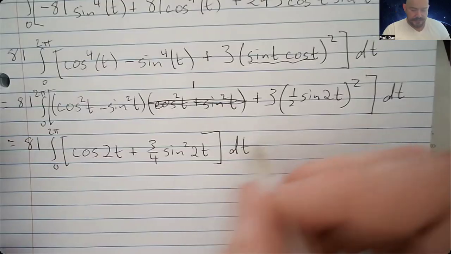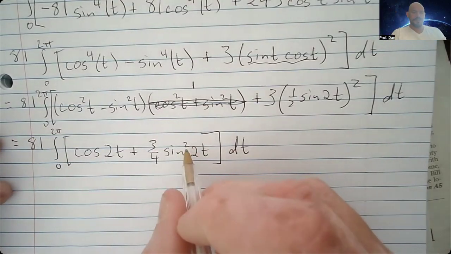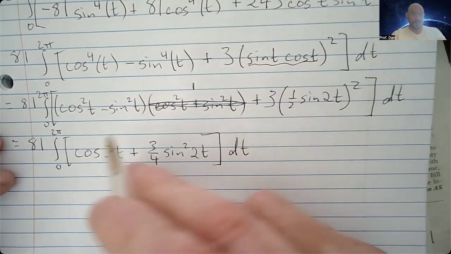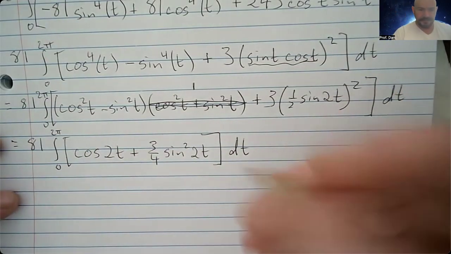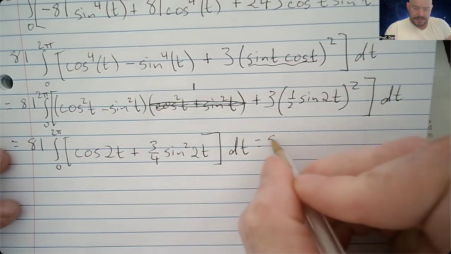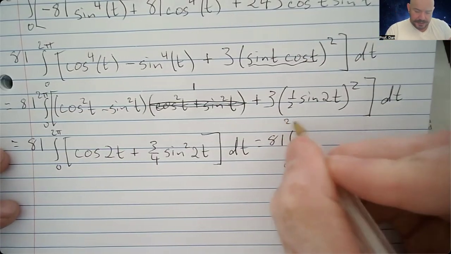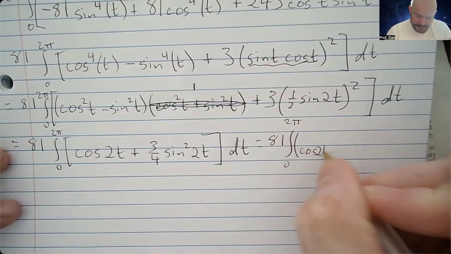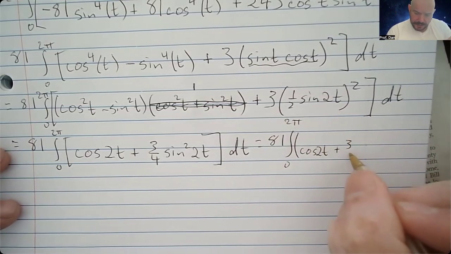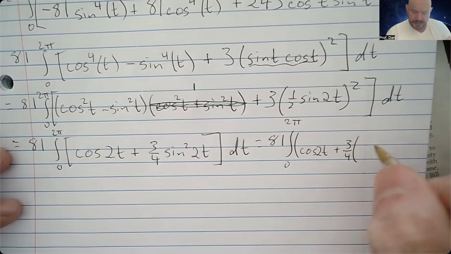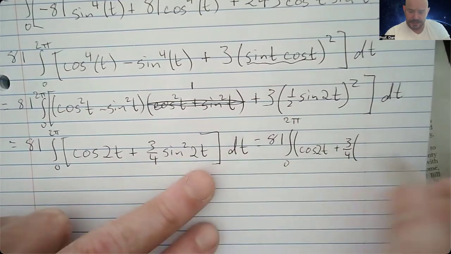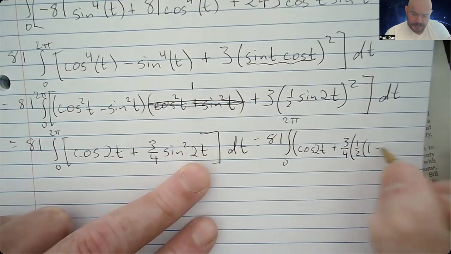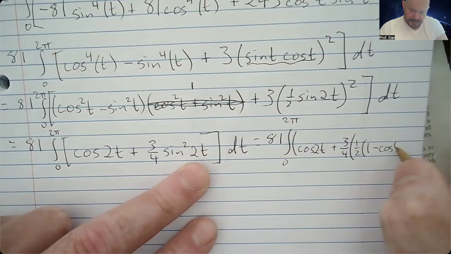And at this point, I know that I'm going to have to reduce this using a power reducing equation, which is all based off of that identity, by the way. So we have 81 integral 0 to 2 pi cosine 2t plus 3/4 times, right? And remember, I can replace sine squared of an angle with 1/2 times 1 minus cosine of double the angle.